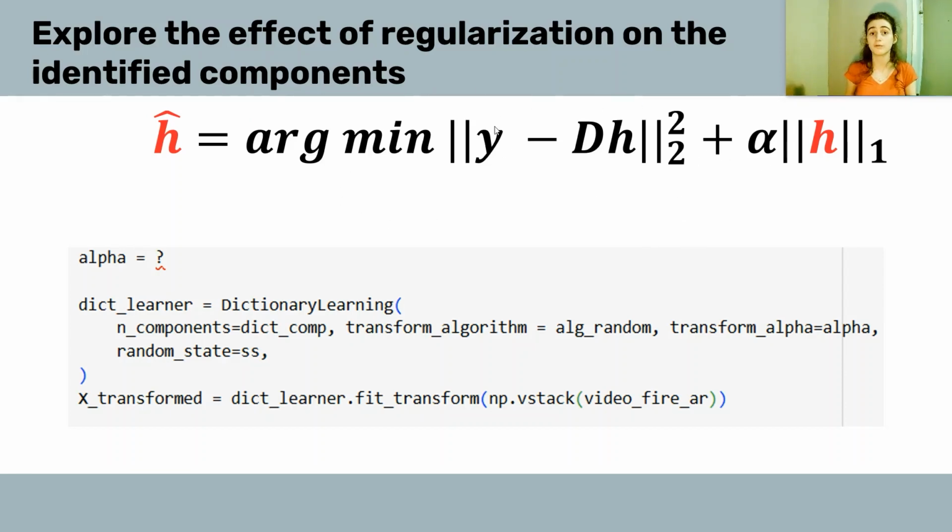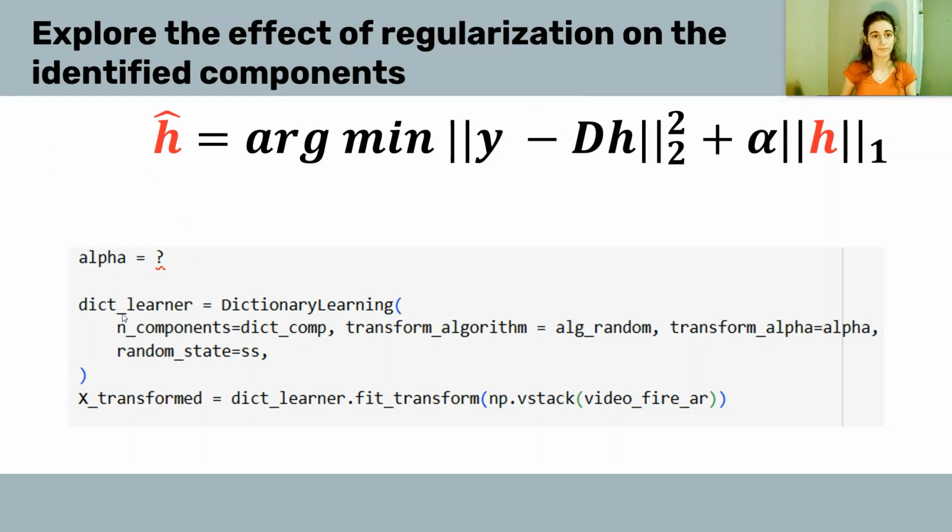We have our video here, Y, and we would like to find both the dictionary of image components as well as the sparse representation or sparse decomposition of these images such that in each frame there is only a sparse combination of basis images.